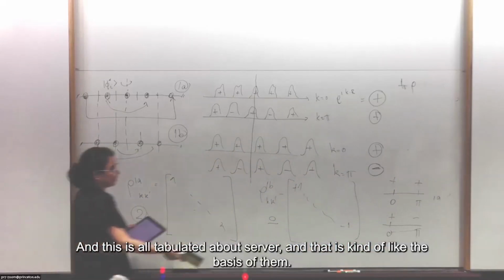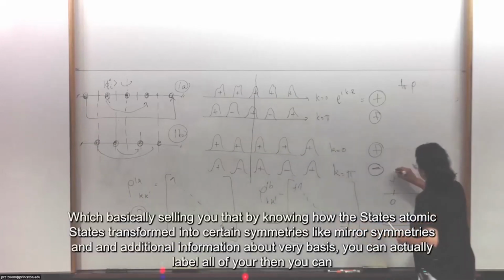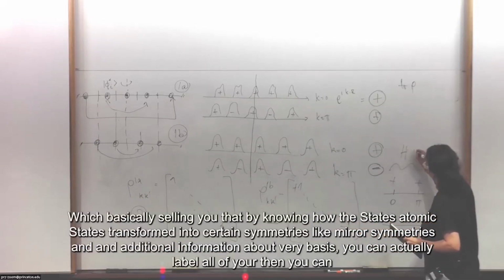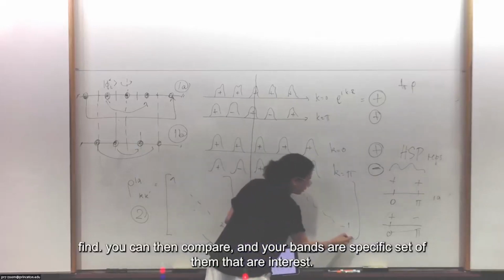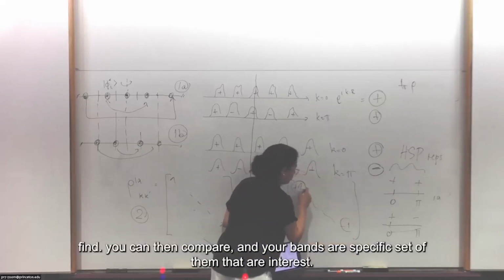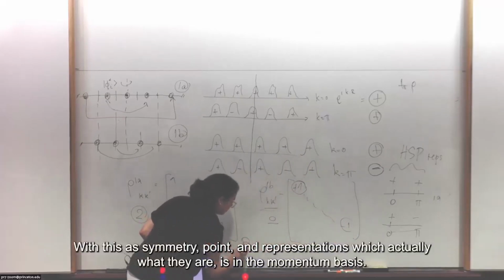You can then compare your specific set of bands of interest with these high symmetry point representations, which in the momentum basis are the diagonal entries, only on the high symmetry points. Usually that goes by the name of band representation.